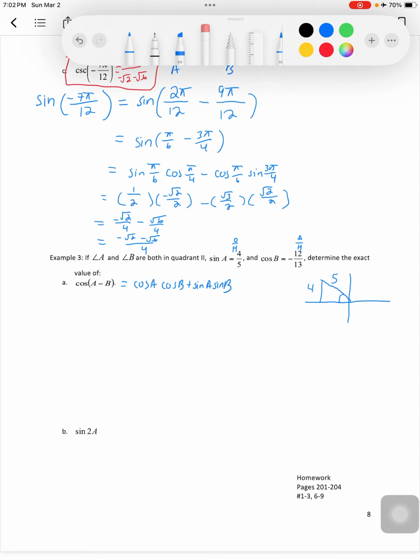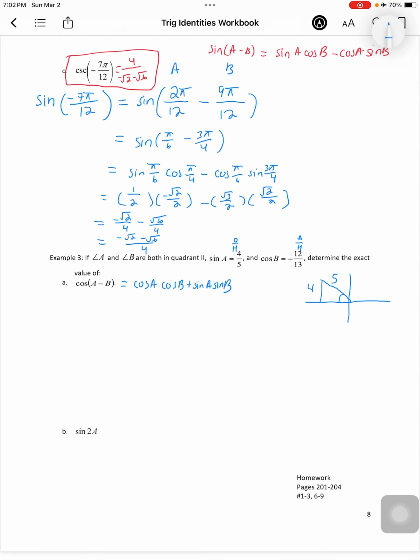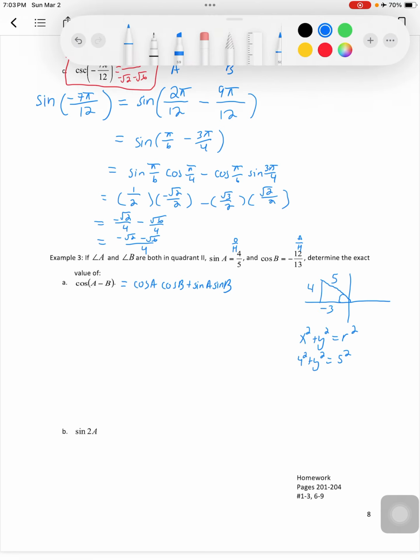Instead, you're going to write xyz or xyr, where r is radius, so you don't mix up the variables. So here, we have x squared plus y squared equals r squared, with r being our hypotenuse. If you plug in 4 squared plus y squared equals 5 squared, you will find that the value is negative 3.